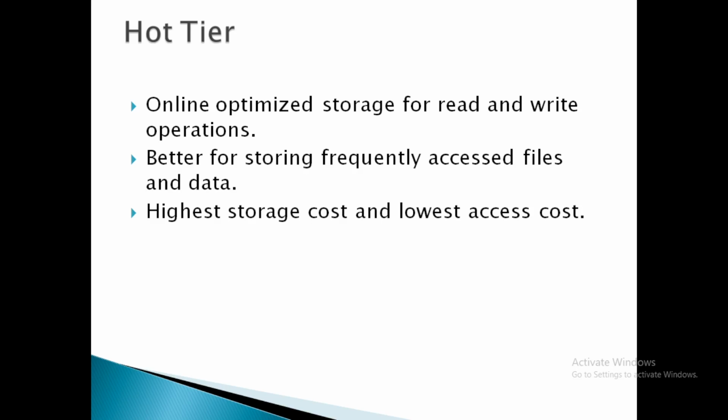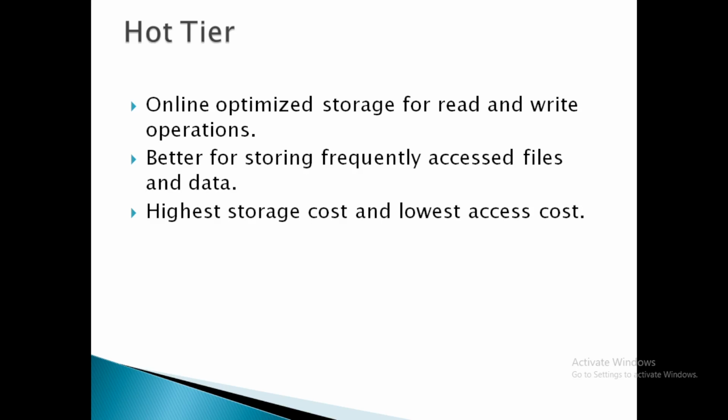So basically when you choose the hot tier, there is the highest storage cost and lowest access cost. If you create a container with a hot tier, it will have the highest storage cost and lowest access cost.